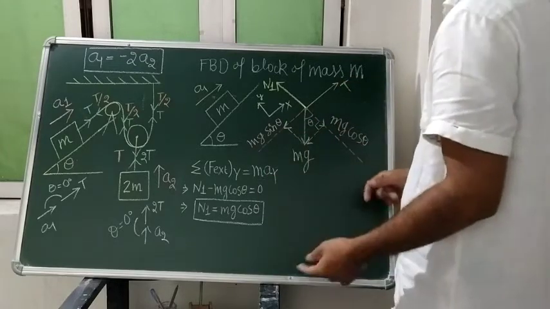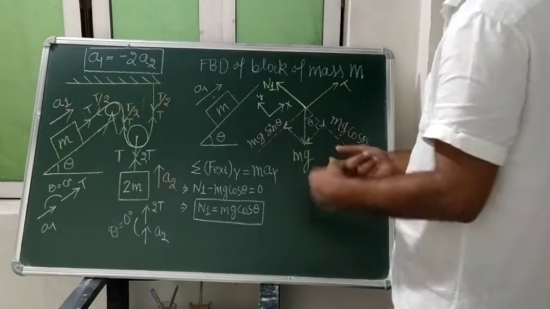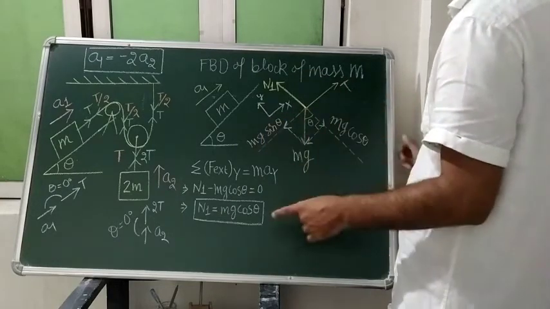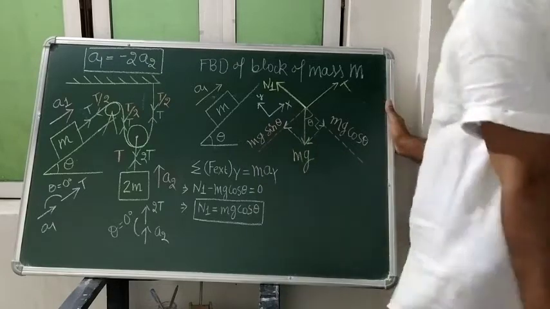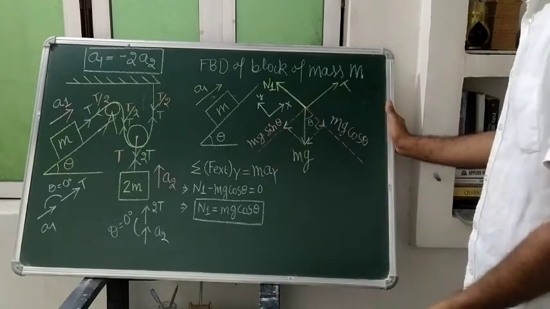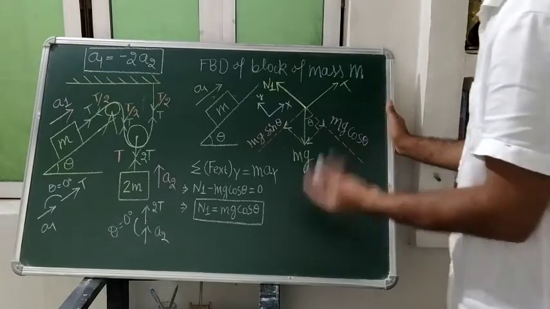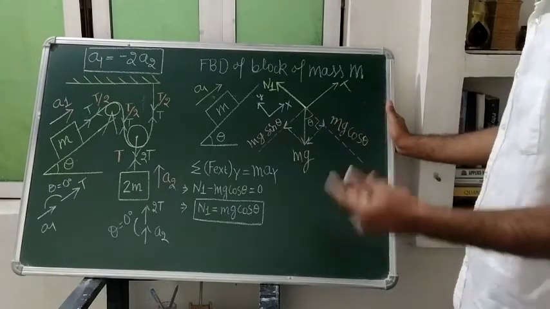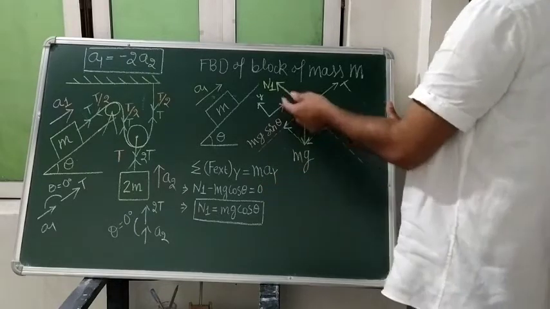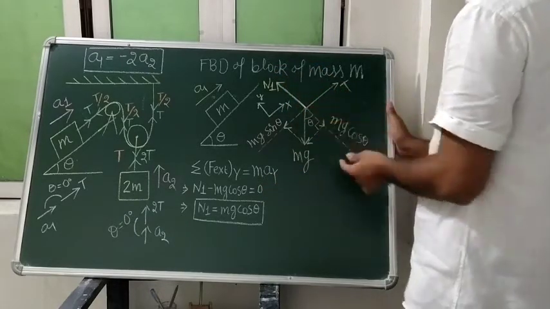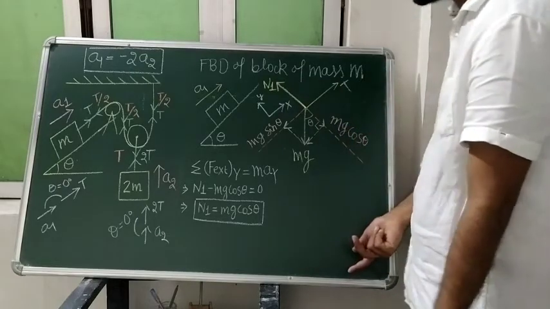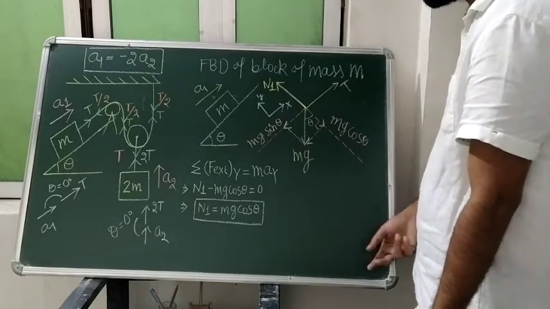So external unbalanced force is needed for the body to accelerate. Or in the other way we can say, if the body is not accelerating, the net external force acting on it should be equal to 0. So here, since no acceleration is present, n1 and mg cos theta will get balanced. Okay, students?